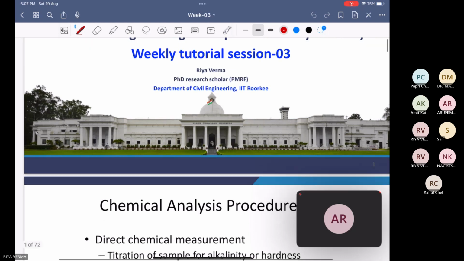So we'll have a quick revision of those topics, and then we'll move forward towards the assignment questions, like the previous year assignment questions. I've also taken some case studies, and I've tried to incorporate the life cycle assessment part in a bit more detail.